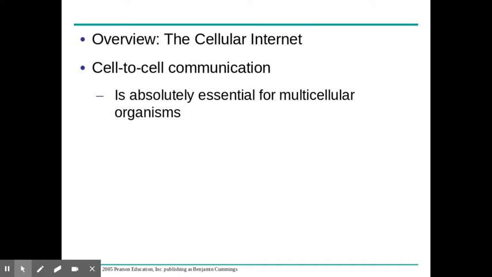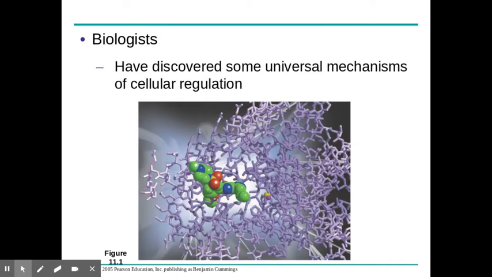For instance, one part of the body might make a hormone that affects the rest of the body or another part of the body specifically. So it is very important that cells can communicate with each other. And they do this usually through chemicals. Again, they're coordinating the whole body's activities.